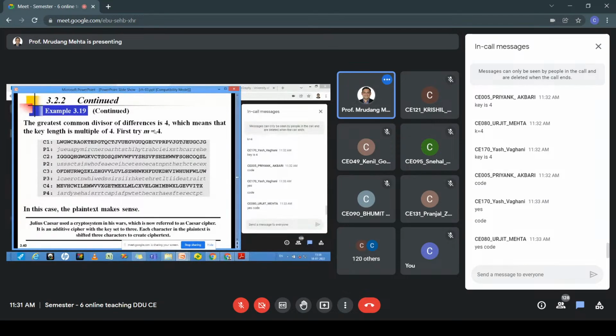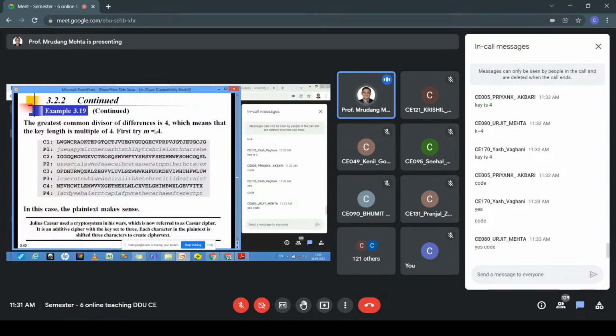So you can apply the same key for the second column W, G, F, and E and see whether it is generating the same plain text. And after that, you try to see that it is generating some meaningful statement.